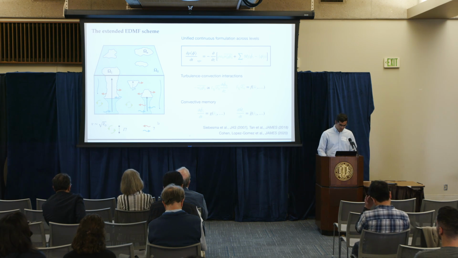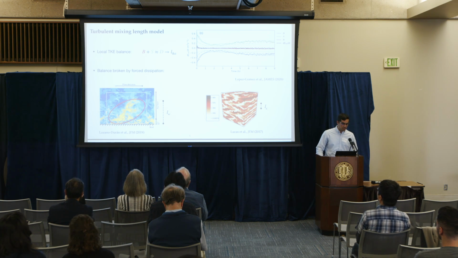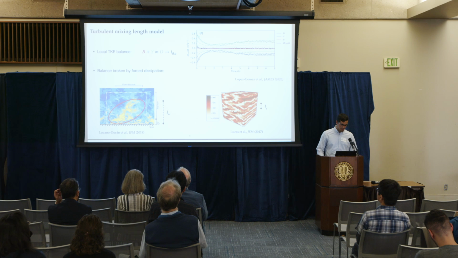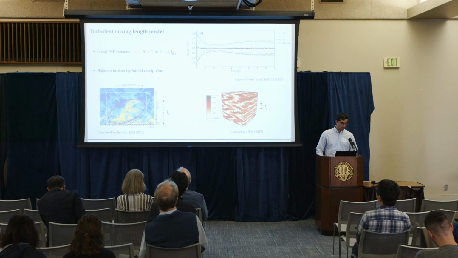deep convection. Now, in terms of the eddy diffusivity parameterization that we have, we use a turbulent mixing length model that is based on a local balance between production and dissipation of turbulence kinetic energy in the environment. Now, this is something that is empirically based on observations in isotropic and stratified environments. And what we're going to assume is that this balance is only broken in cases where there are constraints in the atmospheric flow that are forcing dissipation of turbulence kinetic energy.